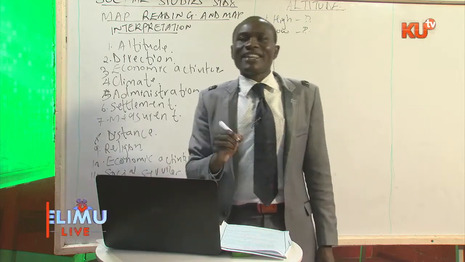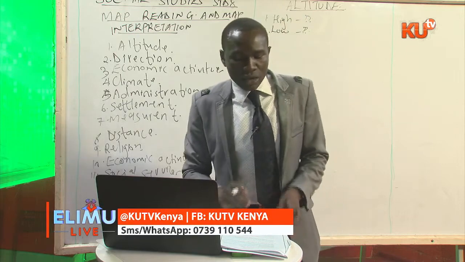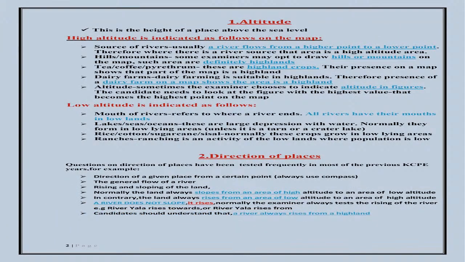Crops such as rice and cotton are also indicators of low altitude. Ranching is an activity of the lowlands where population is low. Also lakes, seas and oceans are depressions with water, which shows that the area is of low altitude.